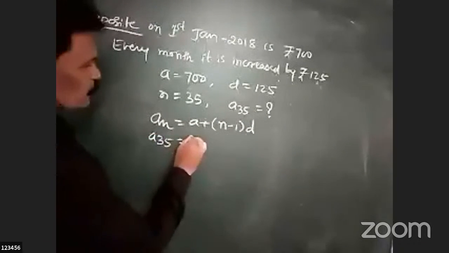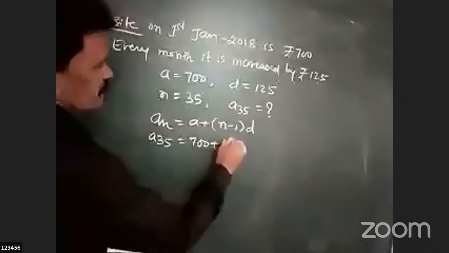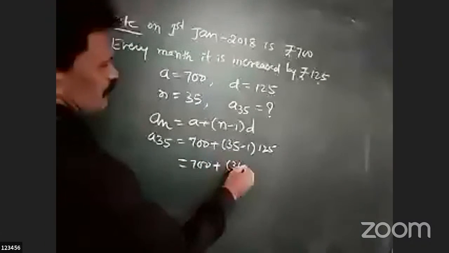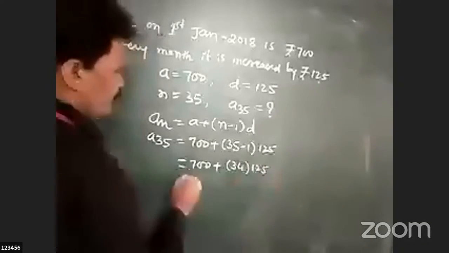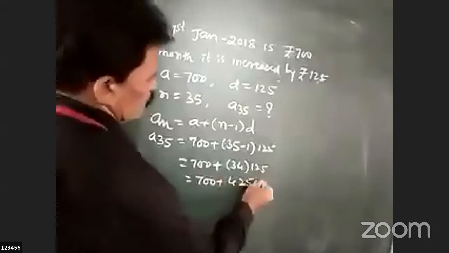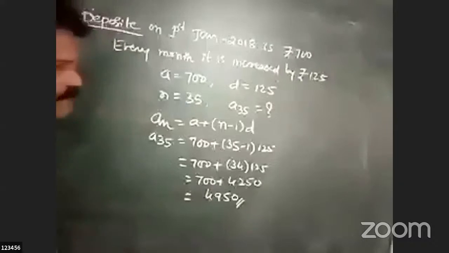A35 is equal to 700 plus 35 minus 1 into 125, that is 700 plus 34 into 125. 34 into 125 is 4,250. That will become 4,950.